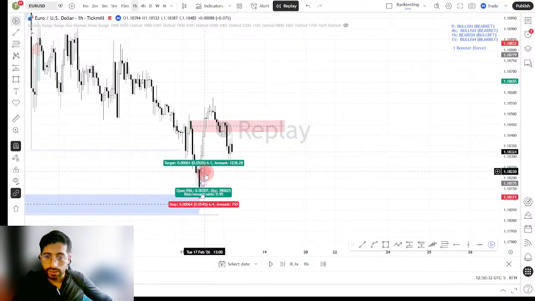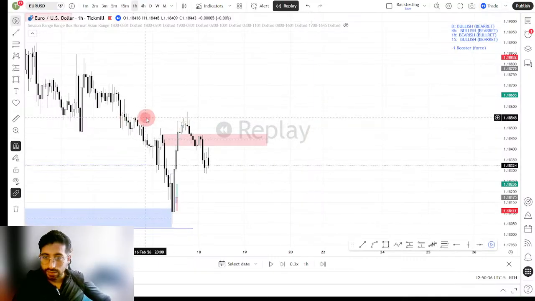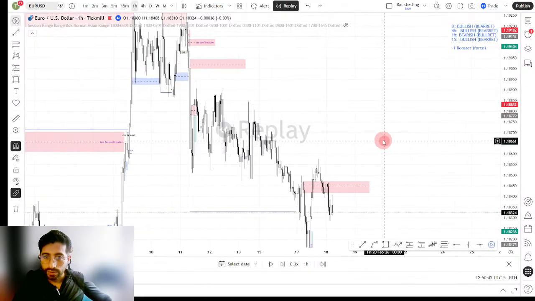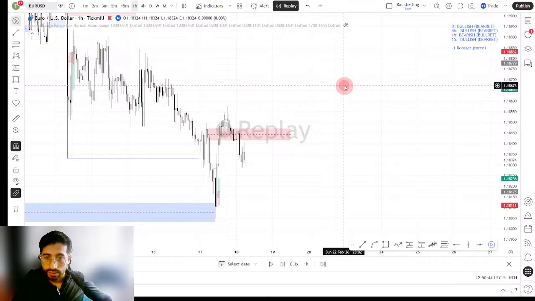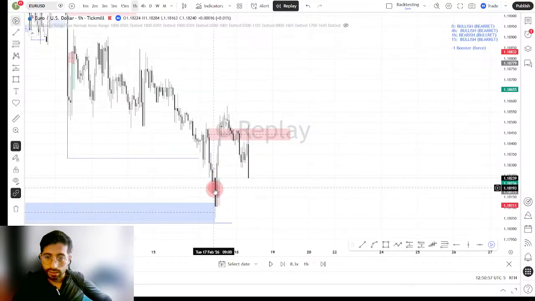Oh, look, this is the order block. I'm not so sure if it's gonna respect this one as well. The order block, liquidity, liquidity, liquidity. What time is this? This is 8 o'clock next day. And we have a pending order here.